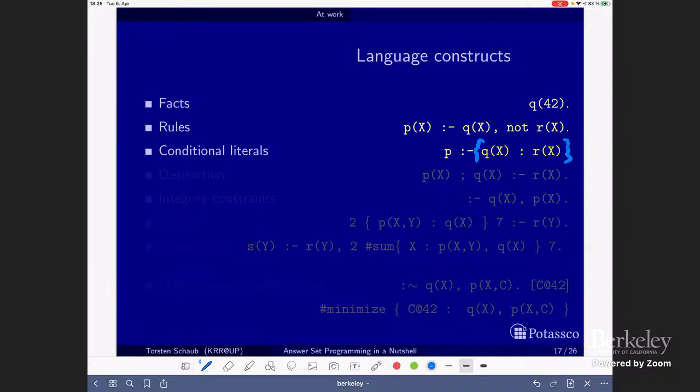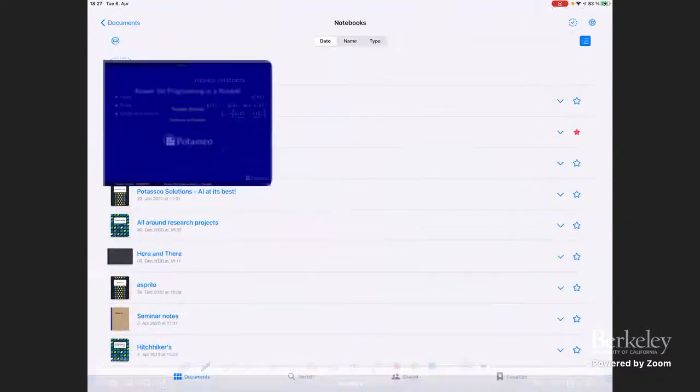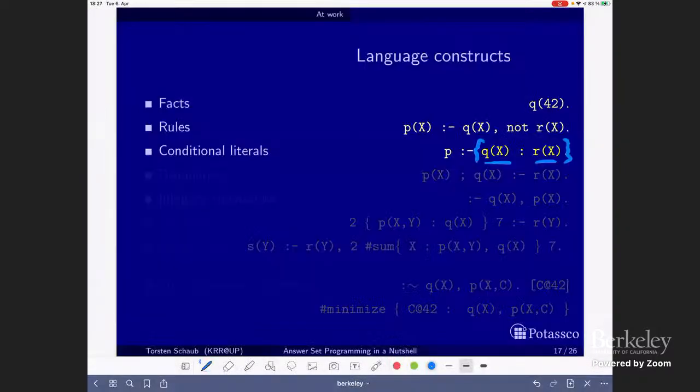And then this is actually the set of all Q of X such that R of X holds. Just that here, once you compute from this intensional description the extensional description, it is put into a conjunction. That's more or less the feature of this modeling construct. And again, it comes in very handy when you are a bit more experienced.